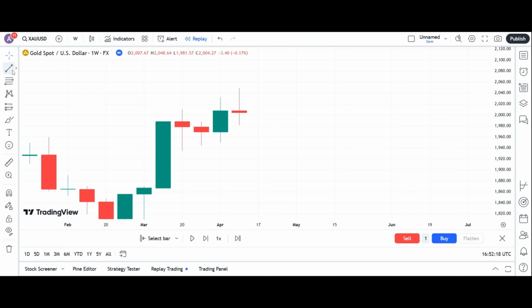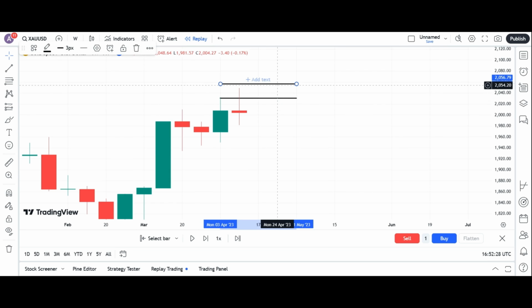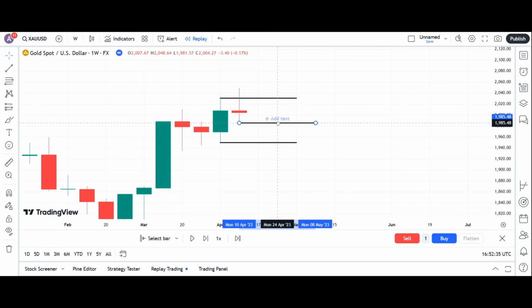As I mentioned earlier, at first draw two lines at the highest and lowest point of the first candle, and then we will draw a line at the lowest point of the second candle, and it will help us to predict the next move of the market more easily.